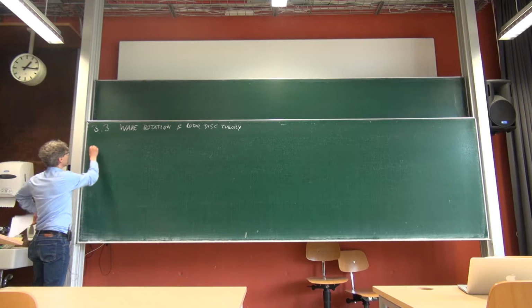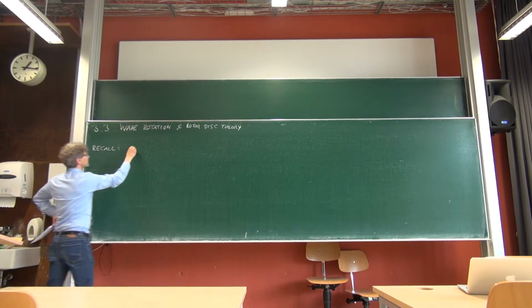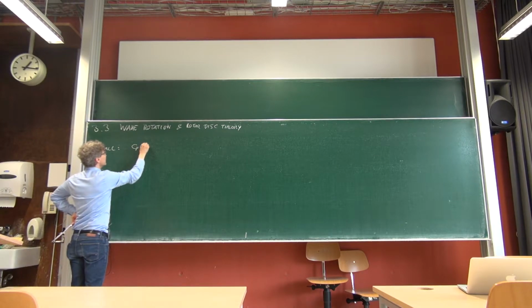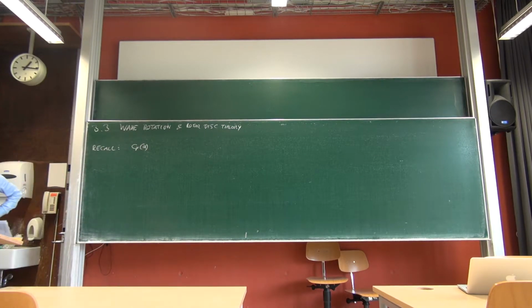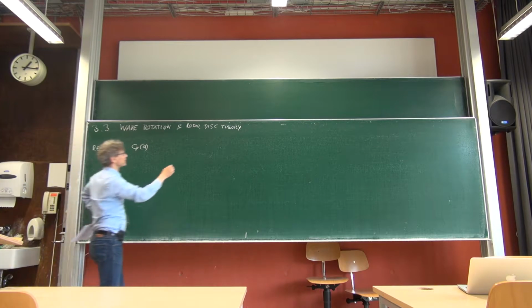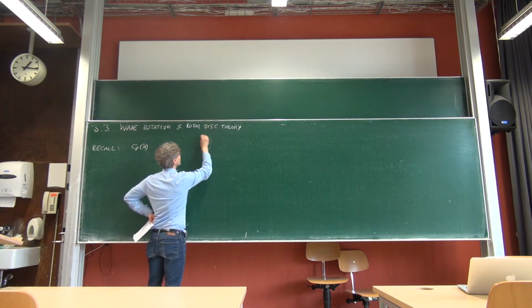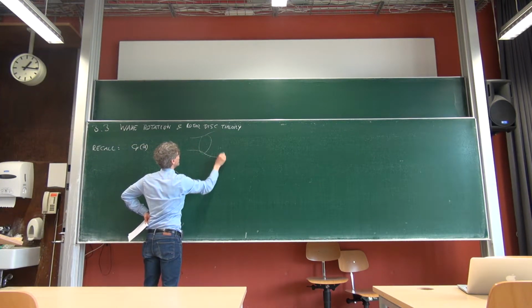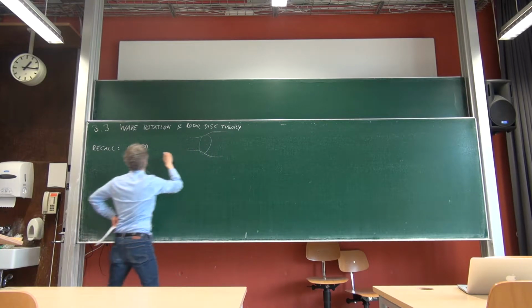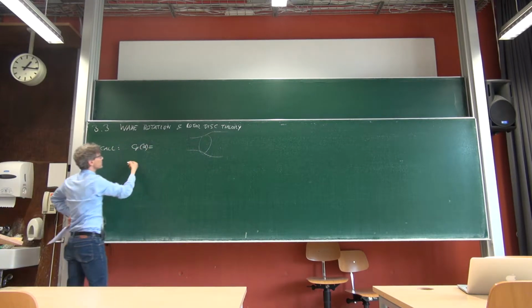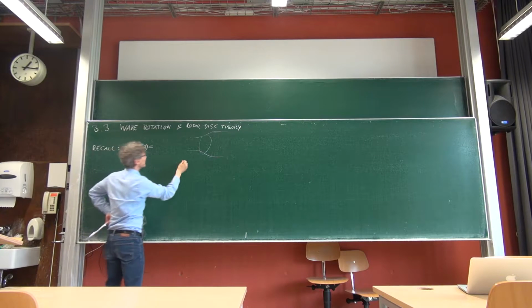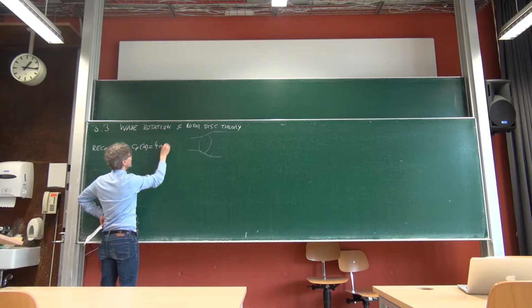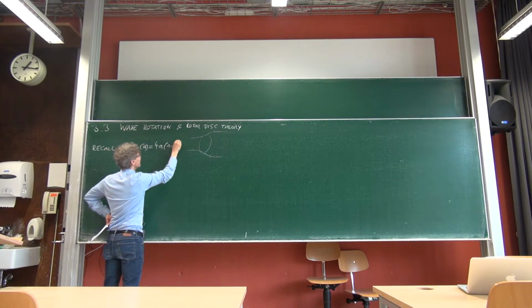So maybe let me first recall one thing. We remember the power coefficient of a wind turbine based on the actuation disk theory. So this picture you remember, you should always have. And then we derived the power coefficient as a function of induction, and this was 4a times (1 minus a) squared, right?